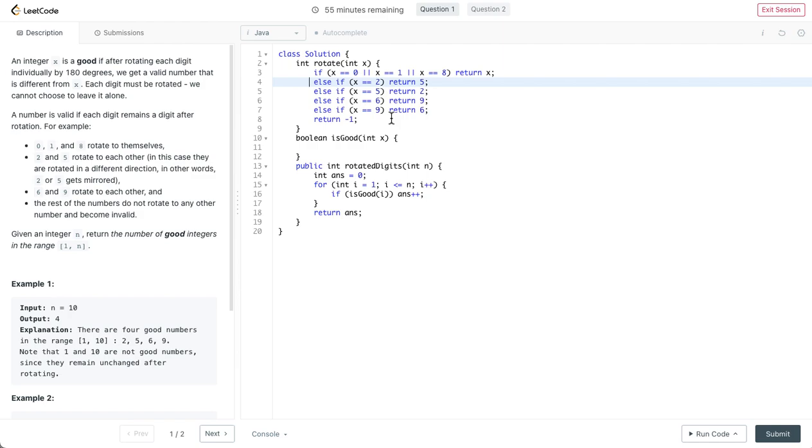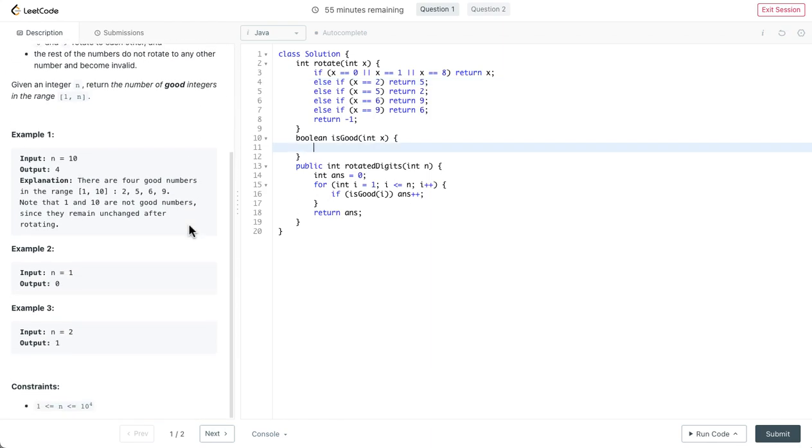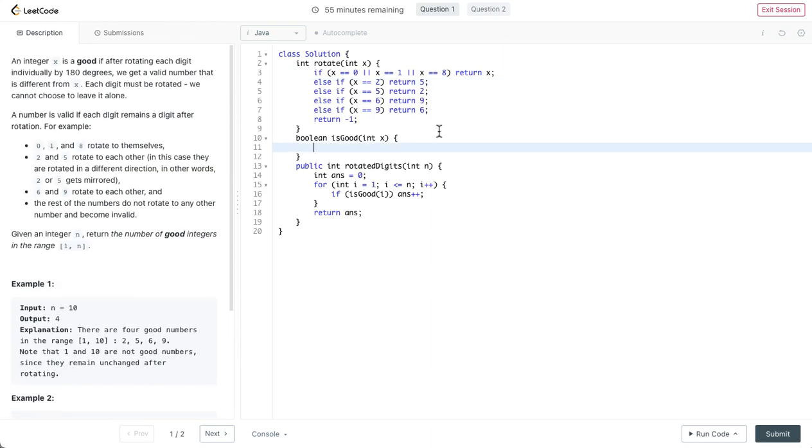You cannot choose 4. Basically you cannot choose any digit that after this rotation will be invalid, but other than that you can choose anything. But I guess in this case we can brute force first because of the constraint.